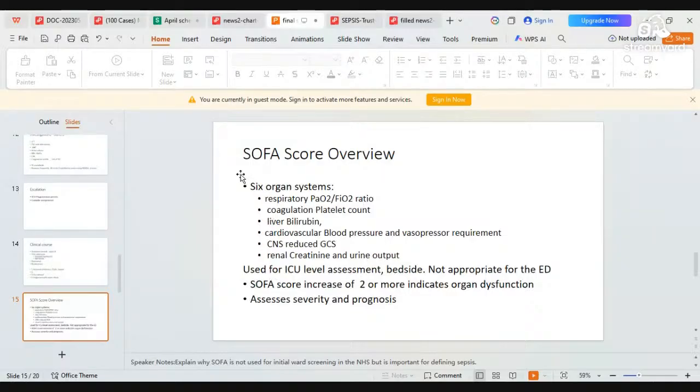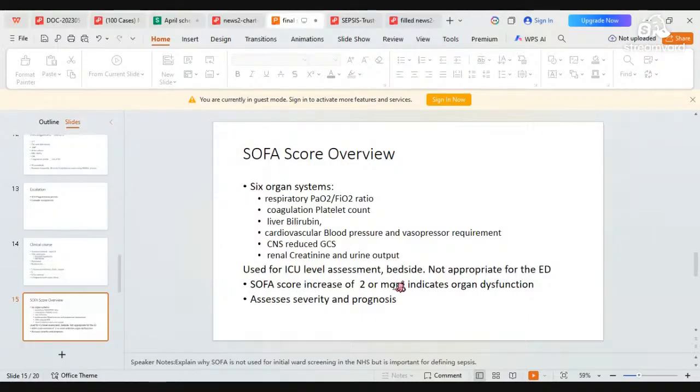So NICE has agreed that SOFA is not something you want to use in the emergency, for a patient that you've just been called in to come and see, that is acutely unwell. SOFA is something that is used commonly in the ICU or the HDU, because it's something that you do bedside. You get all these details together.